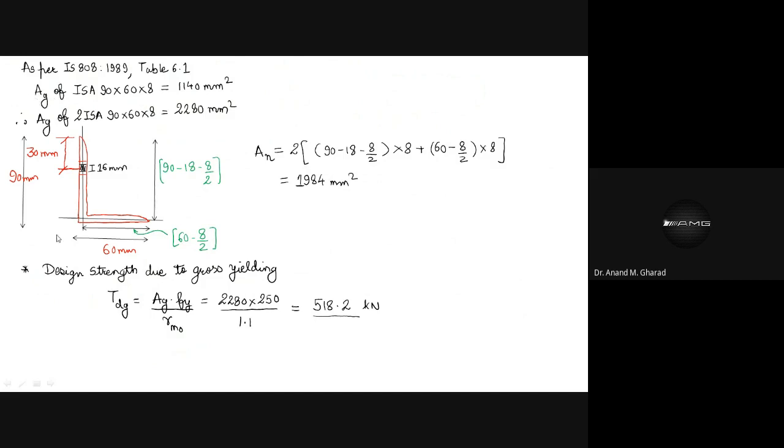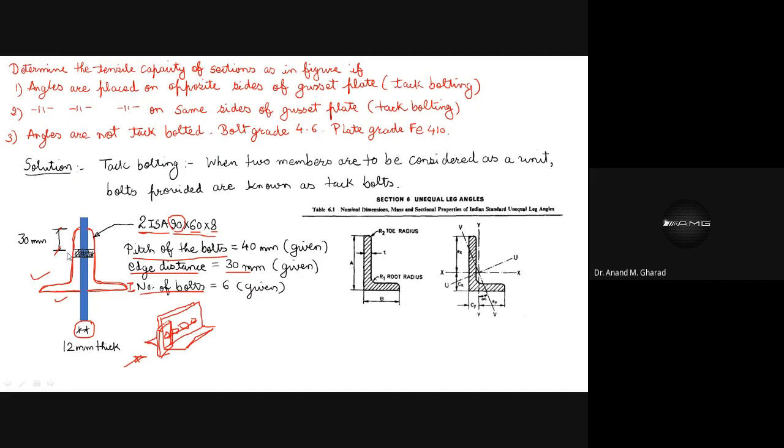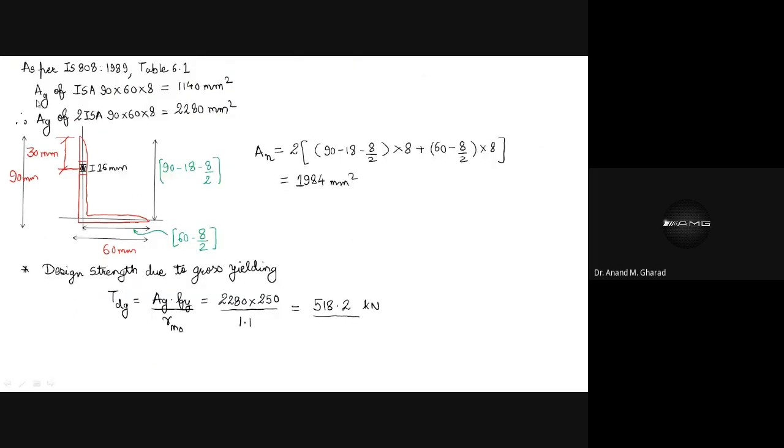Instead of calculating the parameters for both angles together, let us go step by step. Let us first consider one angle, and since it is one unit, it can be multiplied by 2 later on to find the associated values. First of all, let us find out Ag, the gross area of this angle section. A single angle section we will consider.